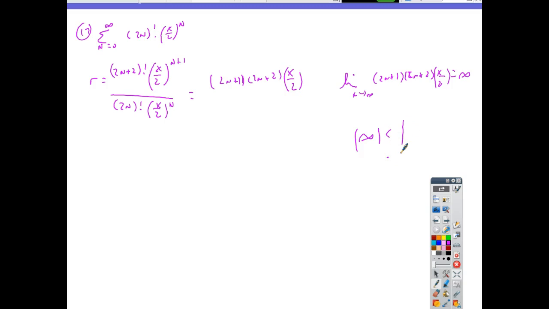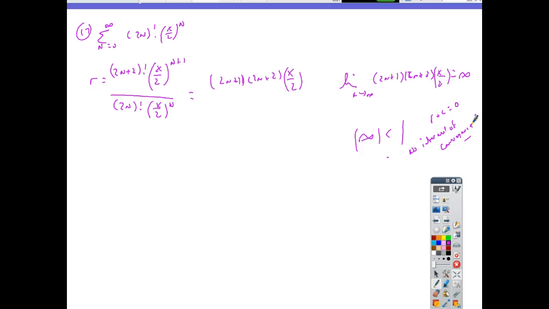So this has 0 radius of convergence, and there is no interval of convergence. In other words, don't ever use this to approximate anything, because the garbage is at the ends, whatever this ugly thing is. Which makes sense. All you're doing is multiplying by a factorial each time. It should be getting pretty big pretty fast.